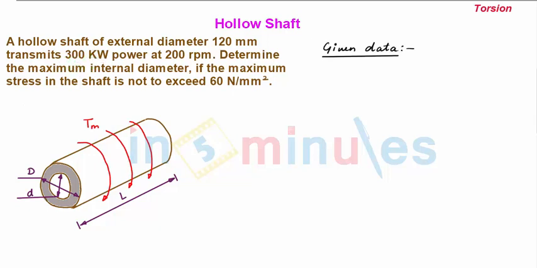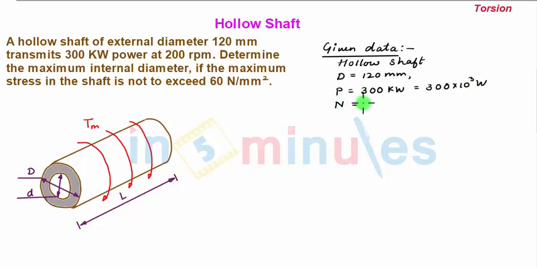So the given data in this problem is, first, that we have a hollow shaft whose external or outer diameter capital D is 120 mm. And this shaft transmits power P equal to 300 kilowatt, which is 300 into 10 to the power 3 watts, and it does this at RPM of n equal to 120 RPM.